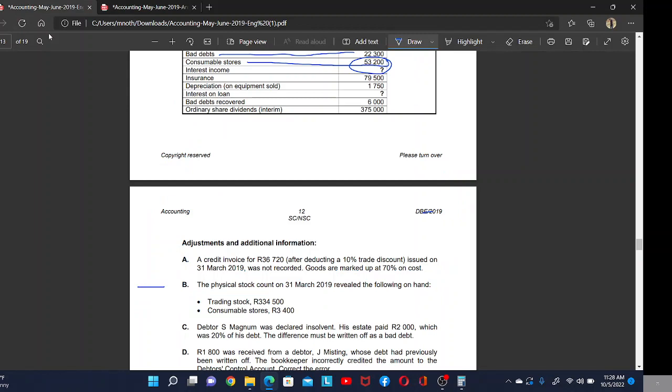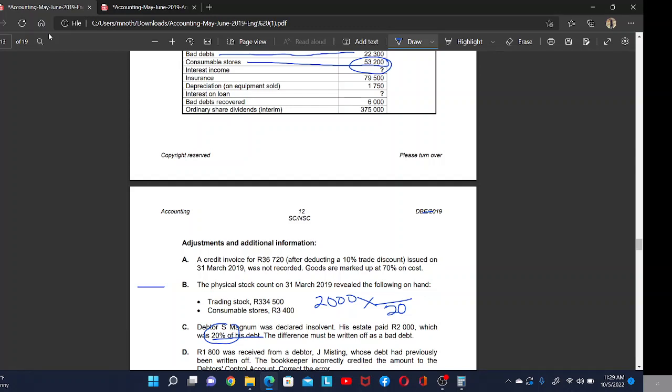They are saying here that a debtor, Magnum, was declared insolvent. His estate paid 2,000, which was 20% of his debts. Then they are saying the difference must be written off as bad debt. So I said below we put what we have. What we have is 20%.